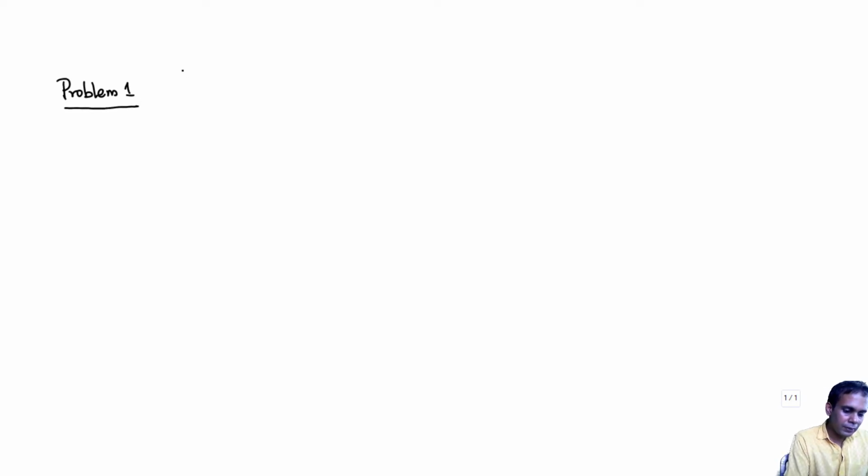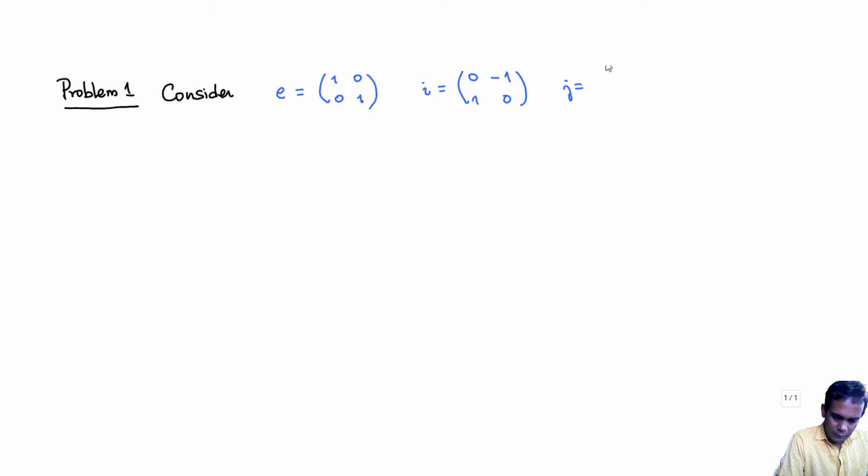So consider the matrices E equals [[1, 0], [0, 1]], I equals [[0, -1], [1, 0]], J equals [[0, i], [i, 0]], and K equals [[-i, 0], [0, i]].